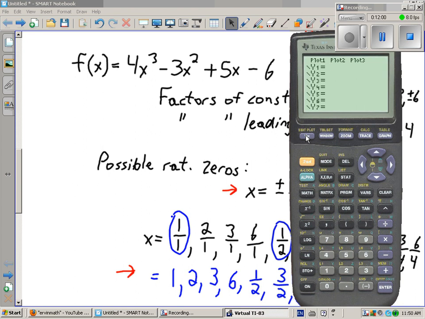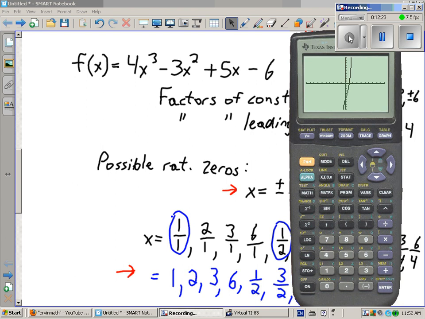4x cubed minus 3x squared plus 5x minus 6. Graph. And there we are.